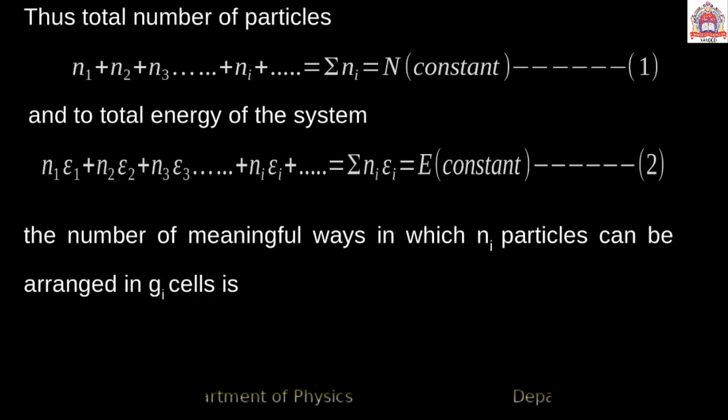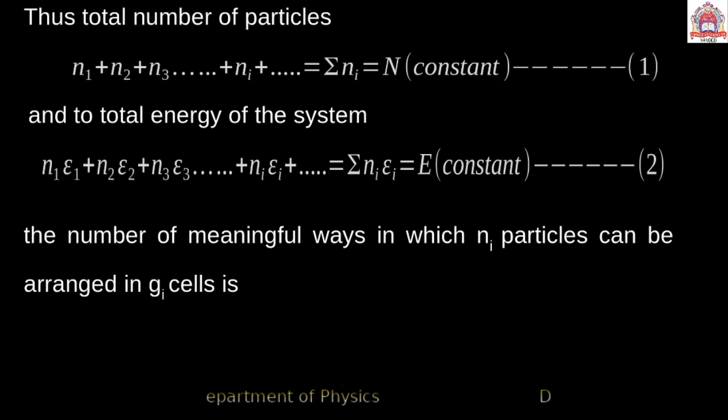Now consider the ith energy level having energy Ei with degeneracy Gi and having the Ni particles in it. First we try to find out how these Ni particles are distributed in the Gi cells. The first cell can be chosen in Gi ways.